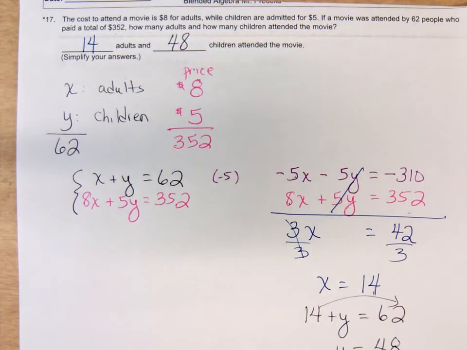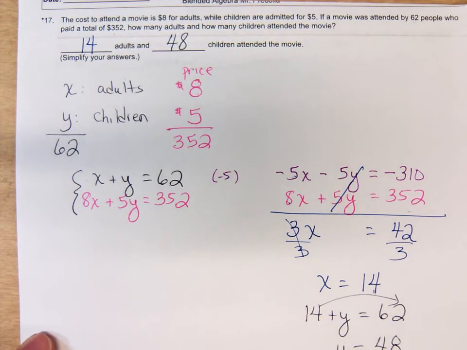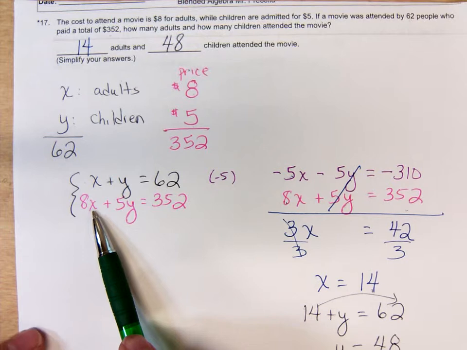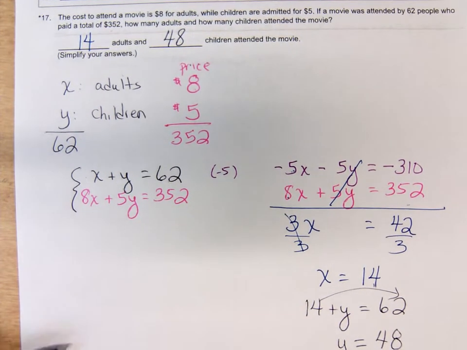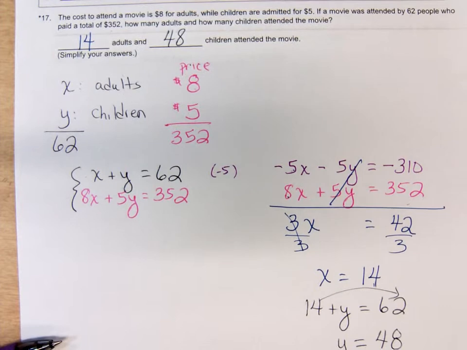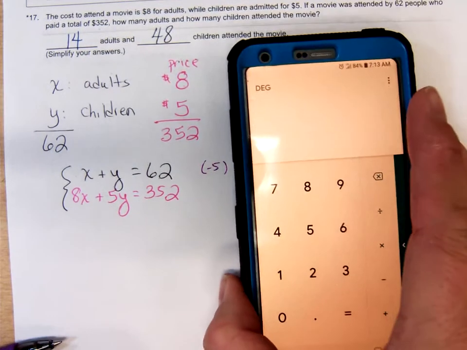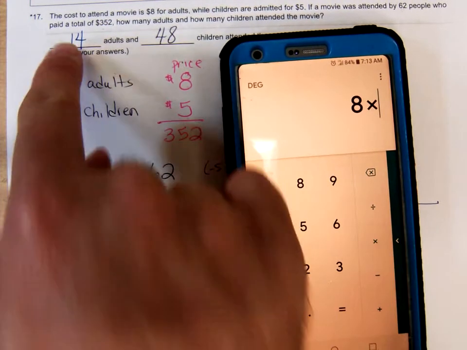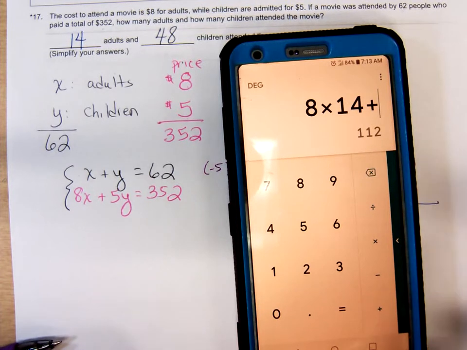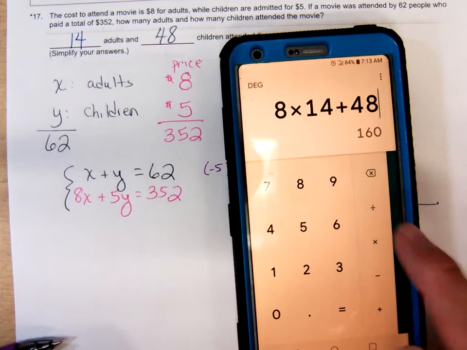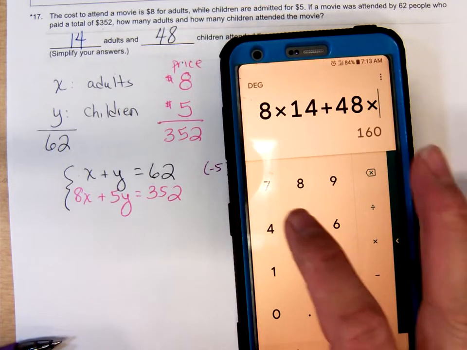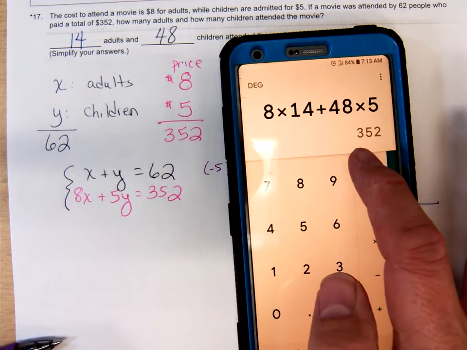So there were 48 children's tickets and 14 adult tickets. If you want to check and make sure that you've got the right answer, you could get out your calculator and see, are you getting 352? If I go 8 times 14 plus 48 times 5, is that giving me 352? It certainly is. Okay?